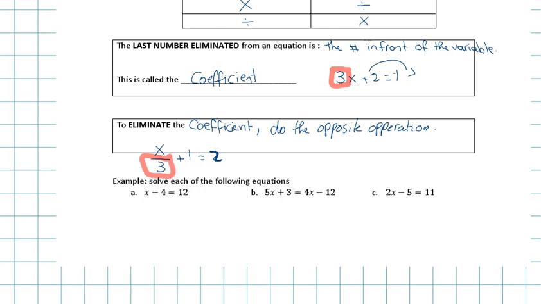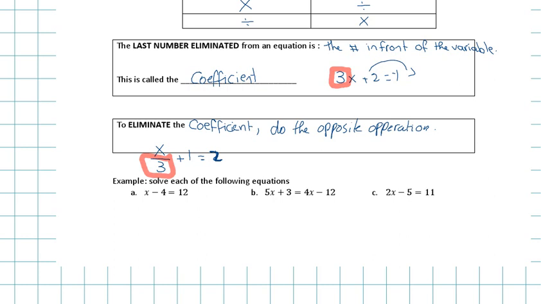So if I want to bring it over at the end, what do I bring it over as? Multiplication. Okay? So you have to ask yourself, what kind of operation do I have between the variable and the coefficient? Is it a division? Then when you bring it over, it becomes a multiplication. Or is it a multiplication? So when you bring it over, it becomes a division. But remember, the last thing you want to get rid of is that coefficient.